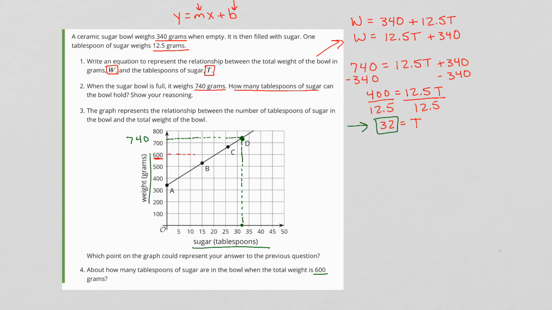So if I go across, now I want to find out how many tablespoons of sugar, so I'm going to go down, it's close to 20, it's a little more than 20, and I actually plugged it into the equation earlier, and I got 20.8. You can check that out. But we could also get that from the graph. We know that 20.8, or almost 21 tablespoons would make the bowl weigh 600 grams.